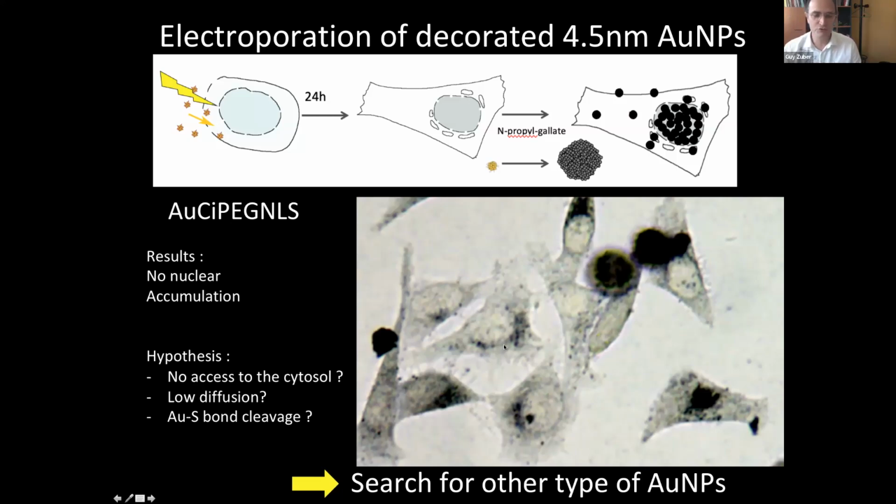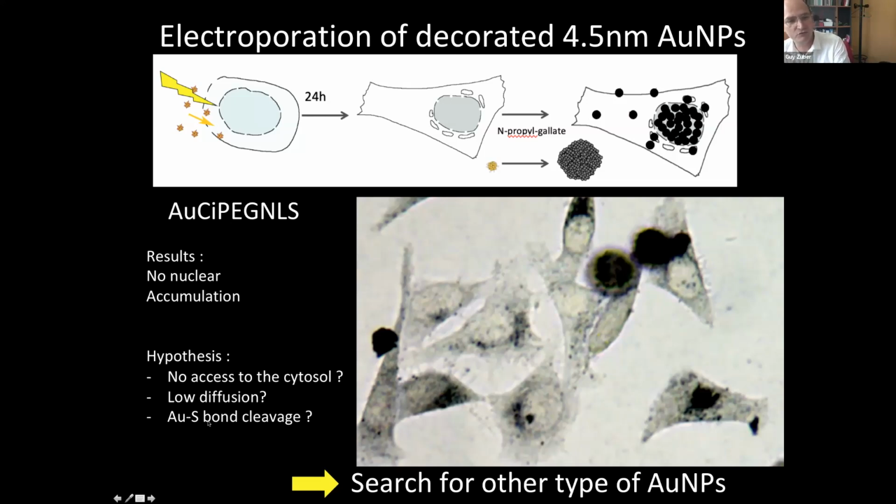There are several hypotheses we can make with those gold particles: either they did not enter through the pore, or they do not diffuse, or the gold-sulfur bond did not sustain inside the cells. So that was three hypotheses. We can also make smaller particles to improve diffusion.